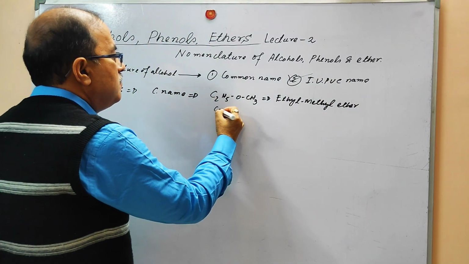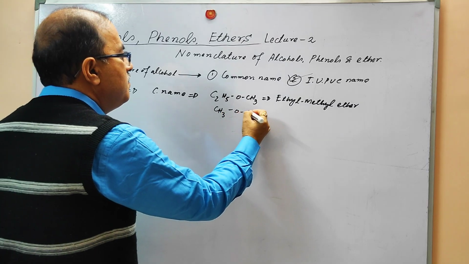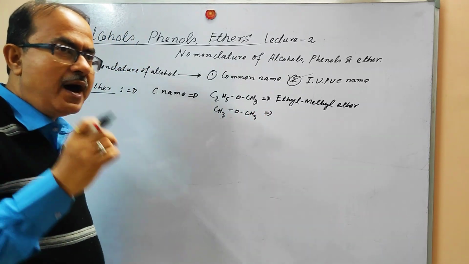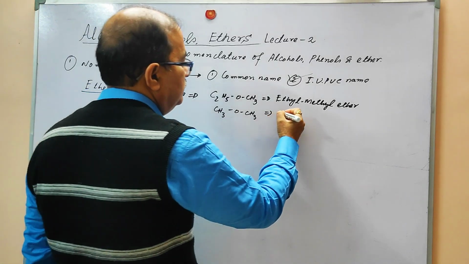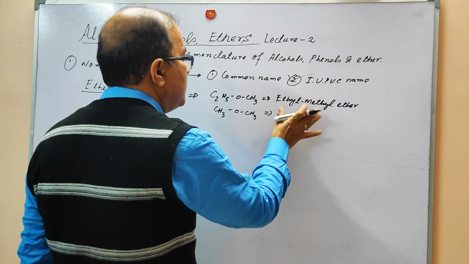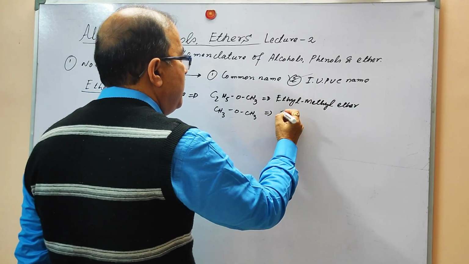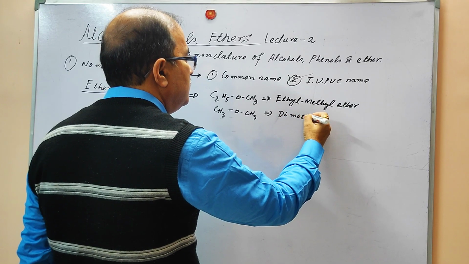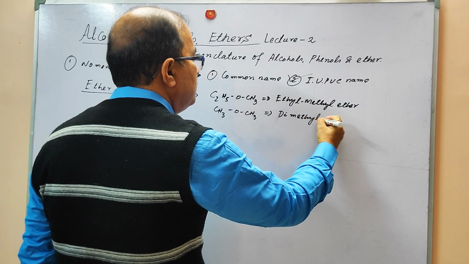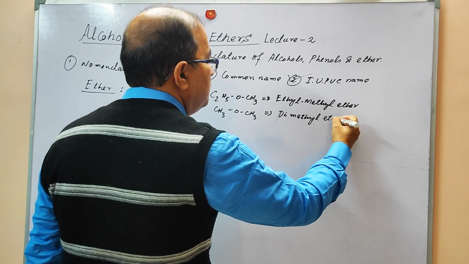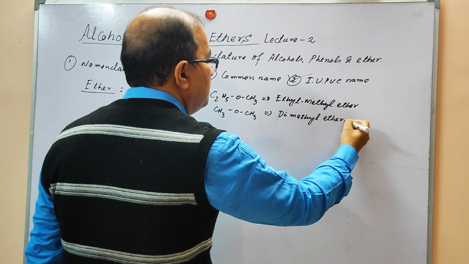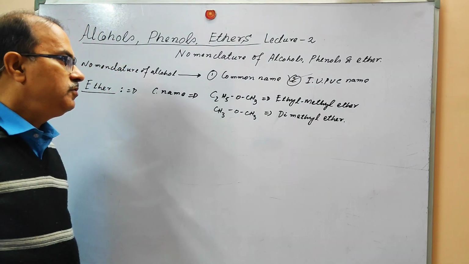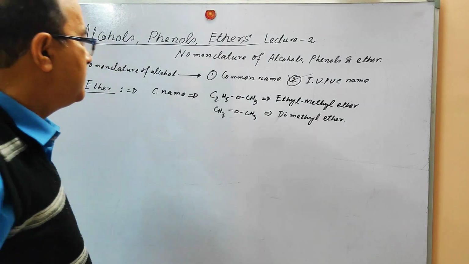Suppose both alkyl groups are the same, at that time we have to put the prefix di, so we write dimethyl ether.